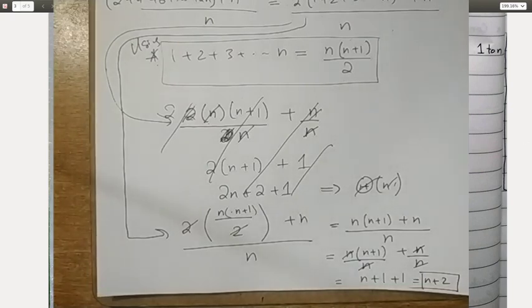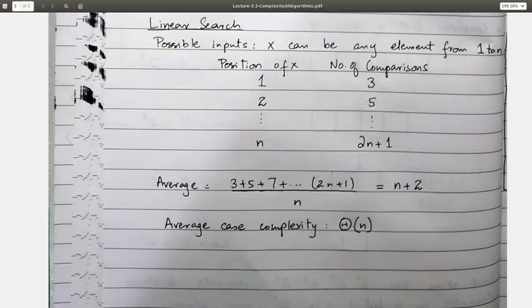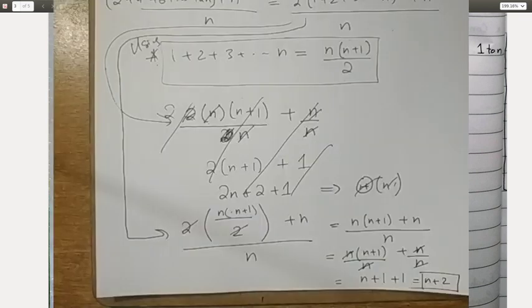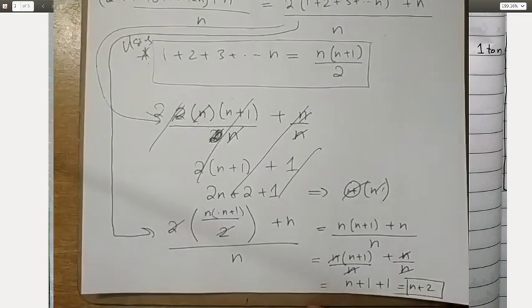So this tells us that even for all possible inputs, my average case complexity is theta n. I'll just go back to the notebook so that you can see the computation. Jafar, were you able to see the computation that you wanted to write down, or do you want me to go back to some previous page?